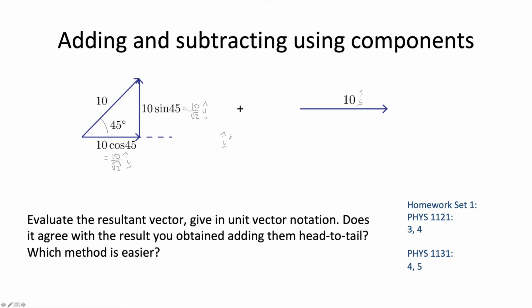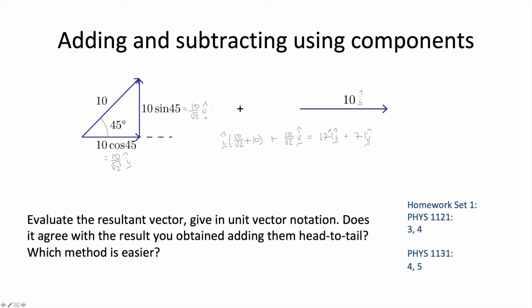So we've got I times 10 on root 2, plus we've got 10, and then we've got this one here, 10 on root 2, J. So that is one way that we can write this total vector. We can also use a calculator to evaluate it, and if we do that, we can write it as 17.1i plus 7.1j.